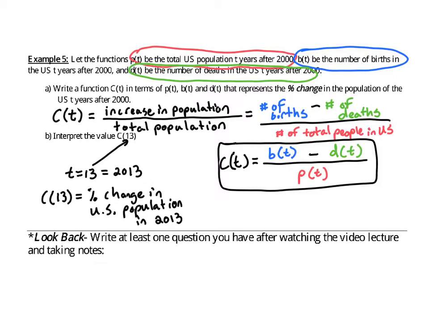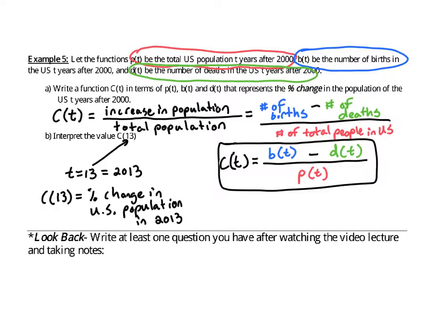So our function C of t, when using the other three functions, will look like C of t equals B of t minus D of t divided by P of t. So we have a difference of the two functions in the numerator, and then we also have a quotient of that divided by P of t.